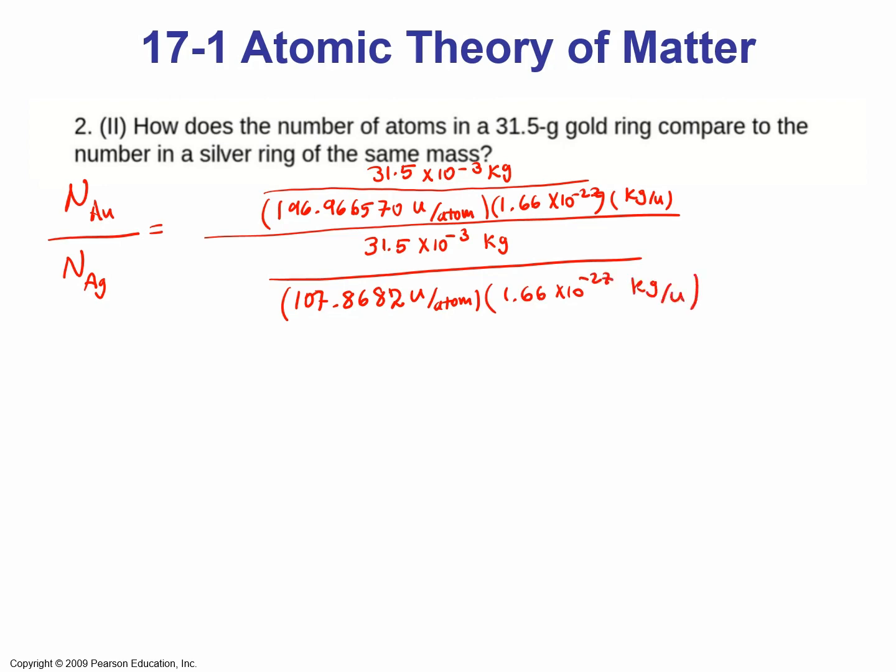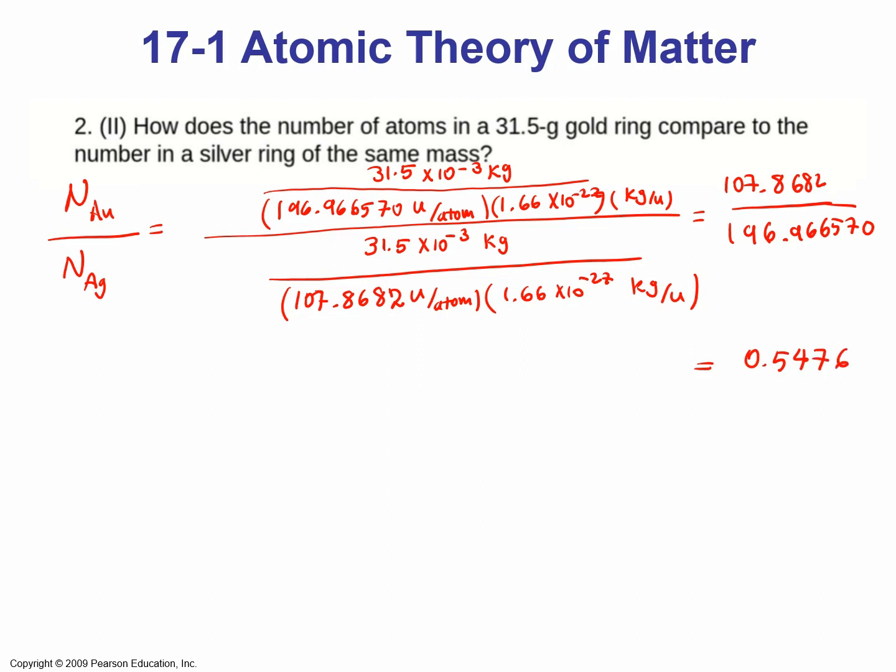As we can see, most of these parts will cancel out, and what we have at the end is 107.8682 divided by 196.96657, and the ratio gives us 0.5476.